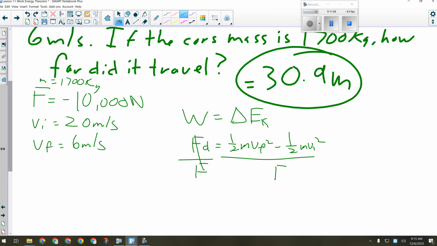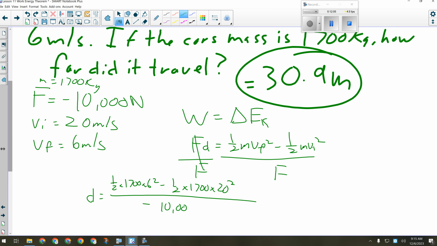So it's actually an easy algebra question, right? We don't have to square root anything. So d is going to equal 1/2 times 1,700 times 6 squared minus 1/2 times 1,700 times 20 squared, divided by negative 10,000 newtons.